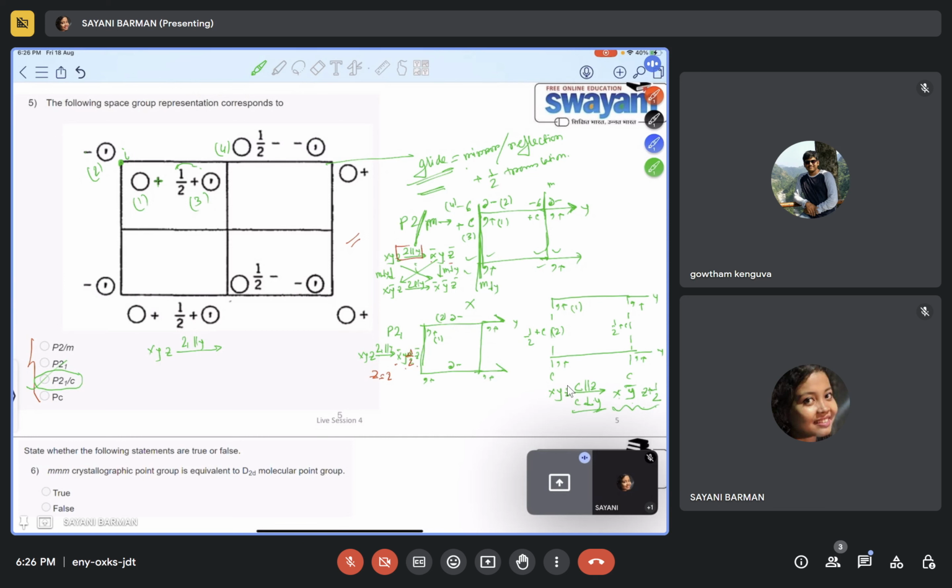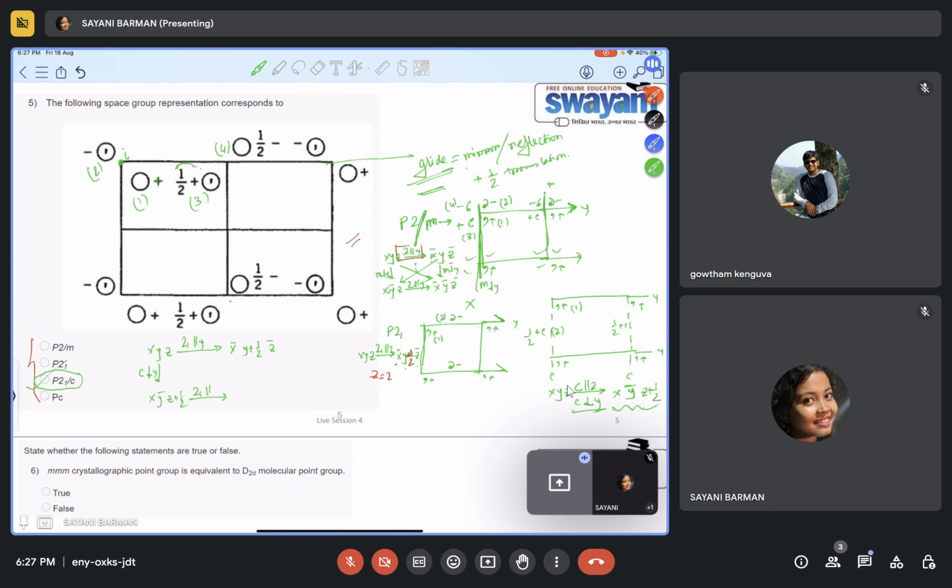So you will get x bar, y plus half, z bar. Right. Now along this I'll apply C glide perpendicular to Y. C glide perpendicular to Y and the half translation along Z axis. So we'll be getting x, y bar, z plus half.